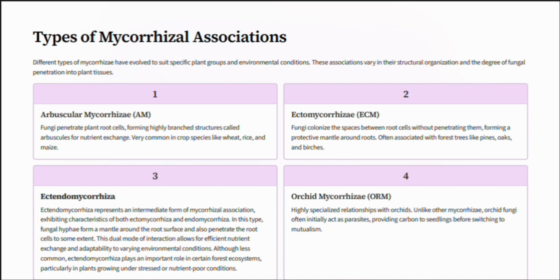The fourth one is orchid mycorrhiza, which is highly specialized for orchid plants, and it initially acts as a parasite, but later switches to mutualism.